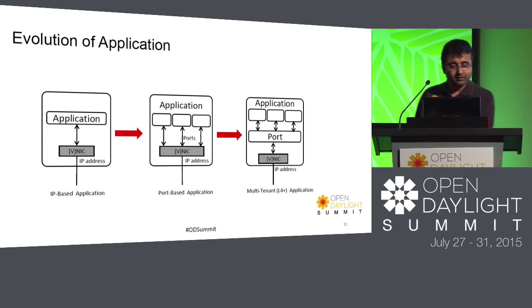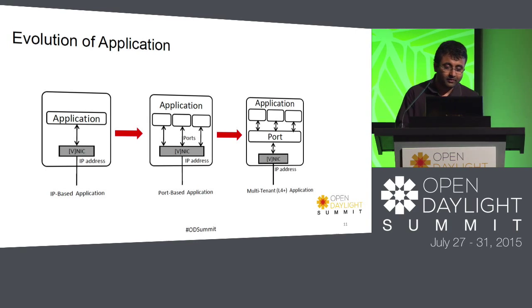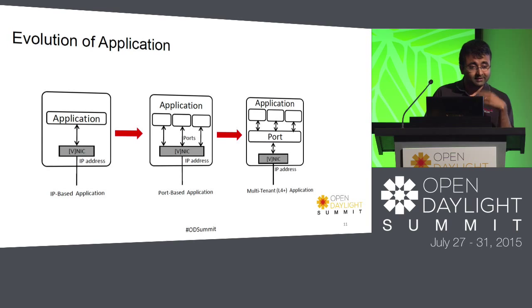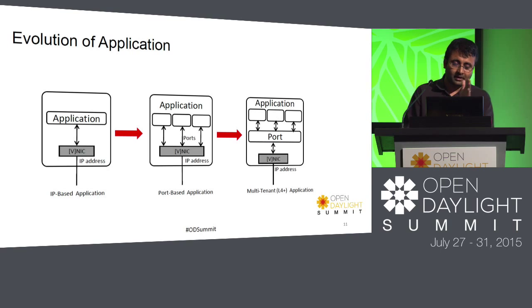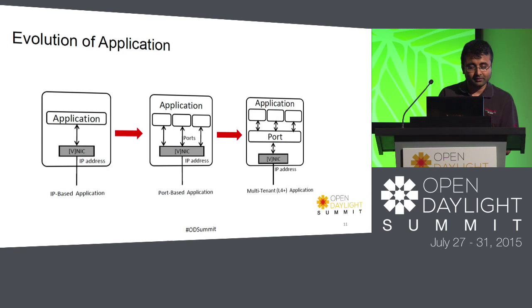In the second model, all of the tenants see the same IP address and the same port, and the application itself does the demarcation. It takes care of identifying which tenant is connecting to it, and then provides the necessary isolation and SLA between those clients.